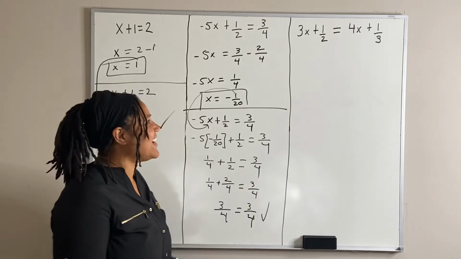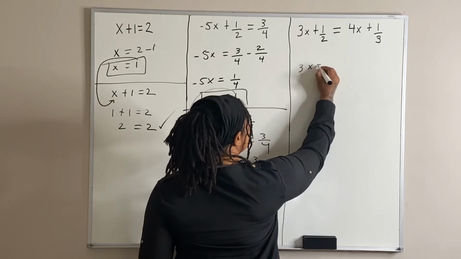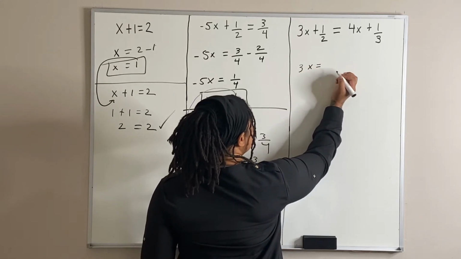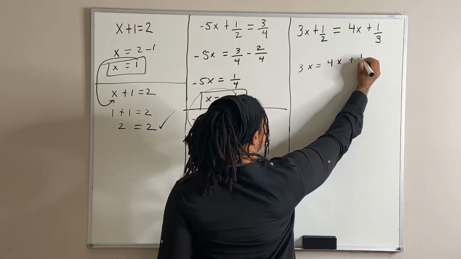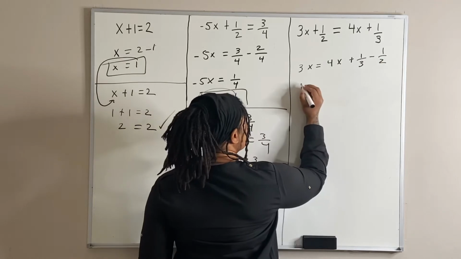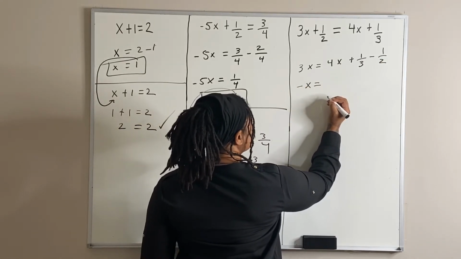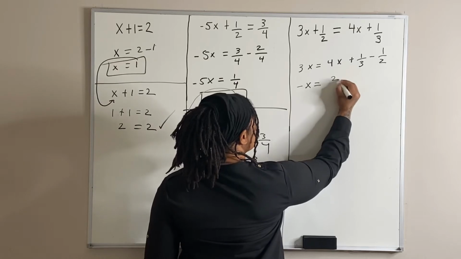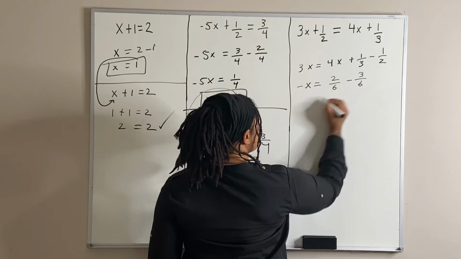All right, let's look at our last example here. I'm just going to run through it really quickly. It's equal to 2 over 6 minus 3 over 6.